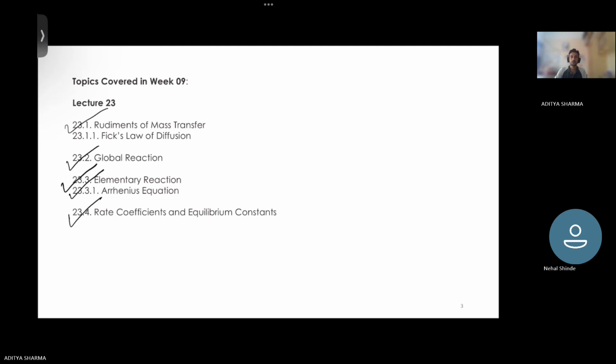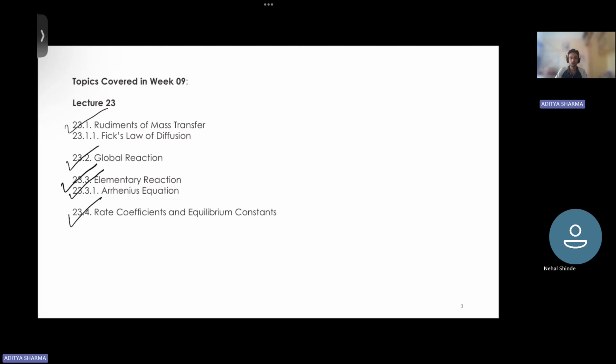Alright. So in case your reaction is in equilibrium, how do we define this equilibrium constant? This has been discussed in this topic by means of a bimolecular reaction.